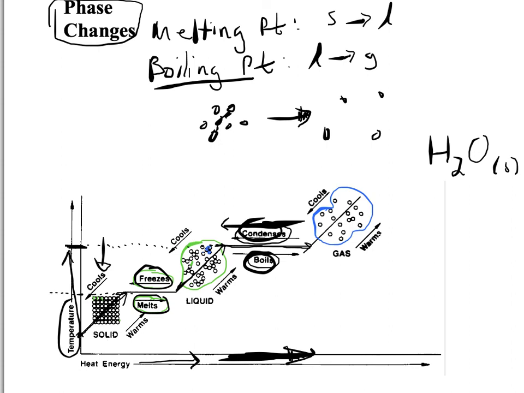That should sound pretty familiar. What you need to be able to walk away with are those four phase changes and definitions for these two terms, the temperature at which these things happen.